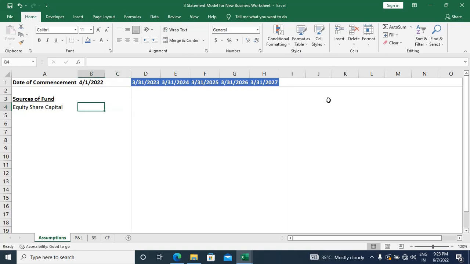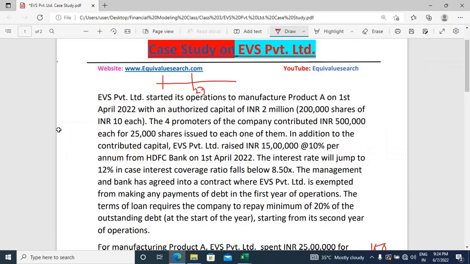I am just writing the amount of equity share capital and all this kind of money, and any percentages, like the rate of interest on loan and all those things, in the B column itself, not in the C column, because we will be using this column in a different way. So in the B4 cell address, you can see in the name box, in the B4, I'm writing the equity share capital, which is, what should be the amount of this equity share capital?